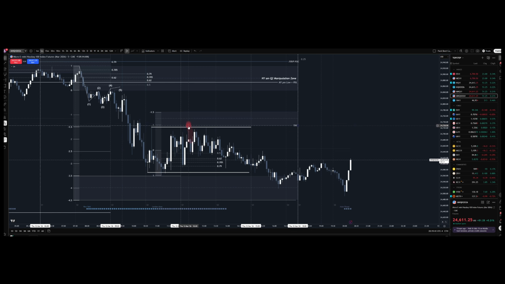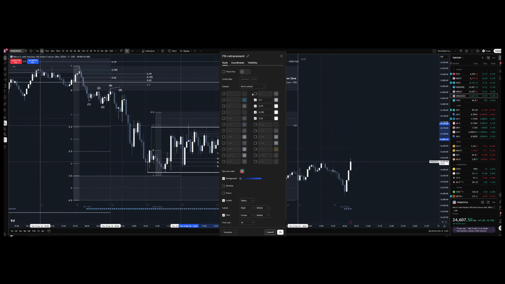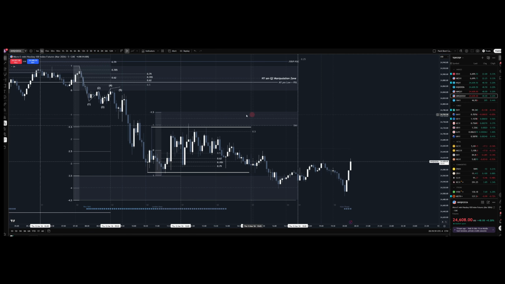We can then use the wick of this swing failure pattern candle, 50% of that. If we're getting candle closes above 50% of the wick, will invalidate that swing failure pattern candle.